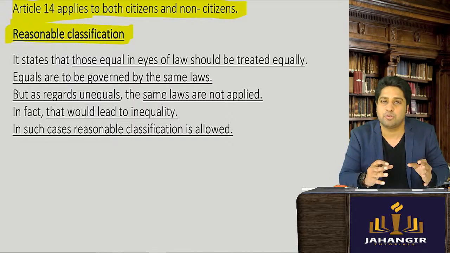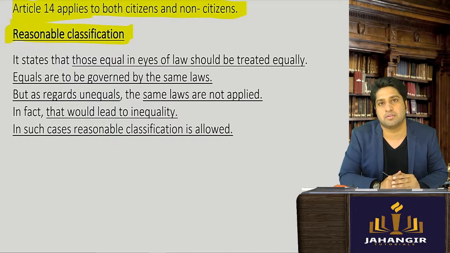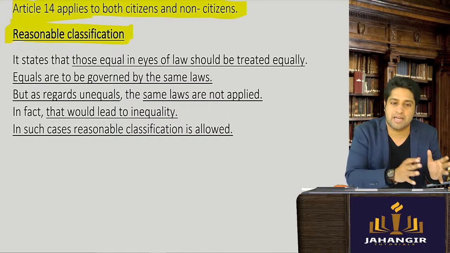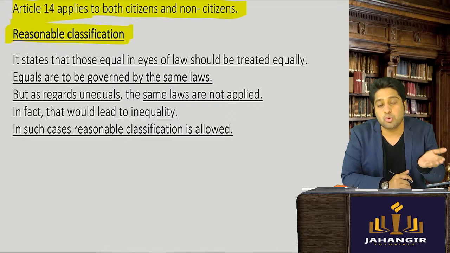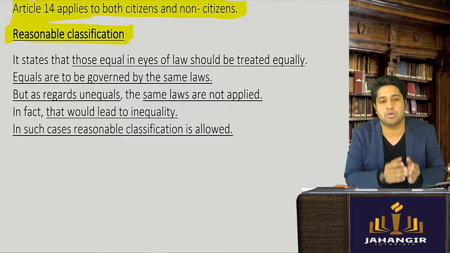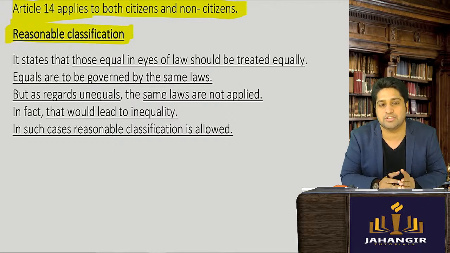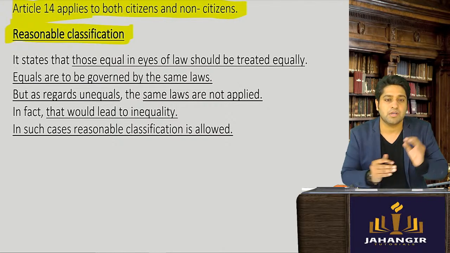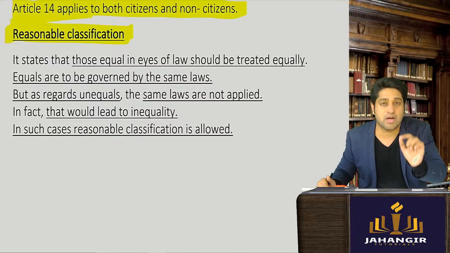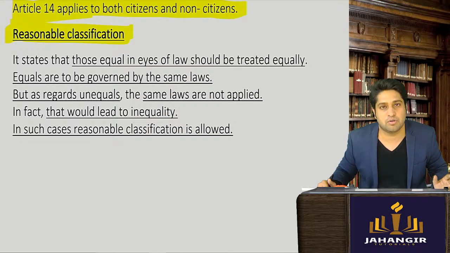Sometimes we will have to give some special treatment. We will have to give some excess treatment to uplift the person. So reasonable classification means those who are equals will be treated with the same yardstick.